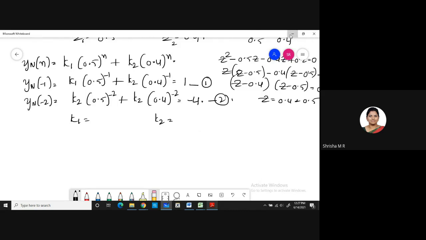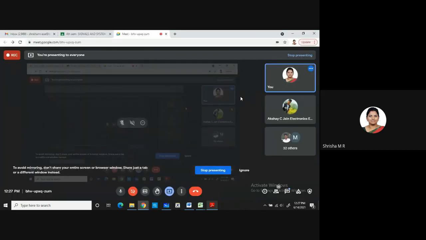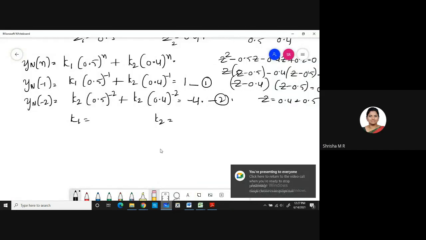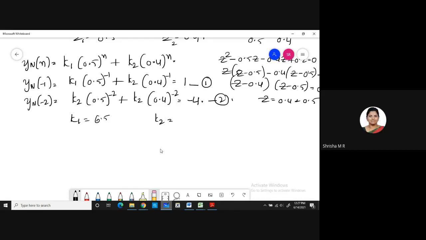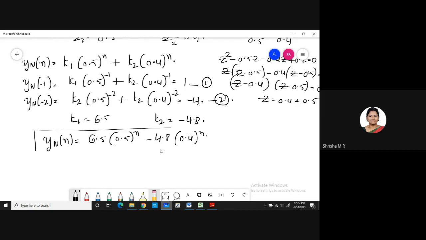Are you people solving? 13 by 2, 6.5 and minus 24 by 5, minus 4.8. Yes, ma'am. So y_n of n is equal to 6.5 into 0.5 to the power of n minus 4.8 into 0.4 to the power of n. Got it, everyone? This is your natural response with the given initial conditions.